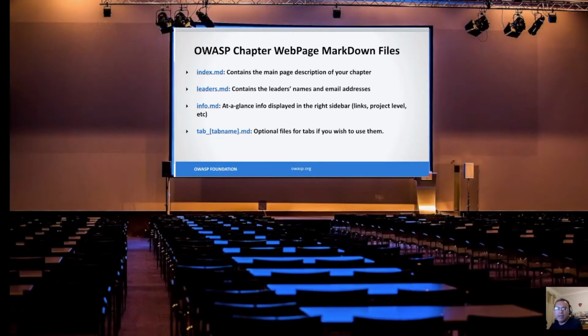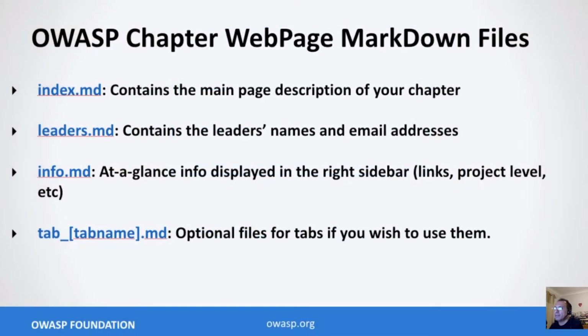Now that you have access to your chapter's GitHub repository, let's review the Markdown files inside. You will see the following Markdown files inside your repository. Index.md will contain the main page with description of your chapter. Leaders.md contains the leaders' names and their email addresses.